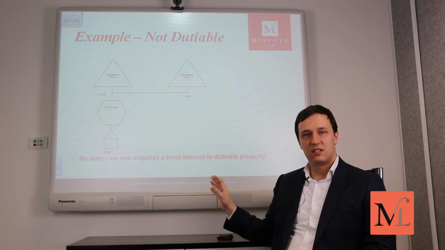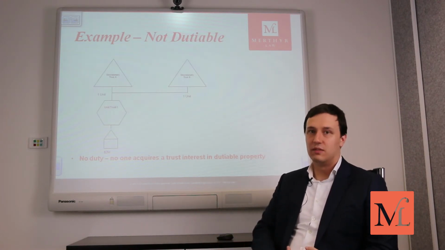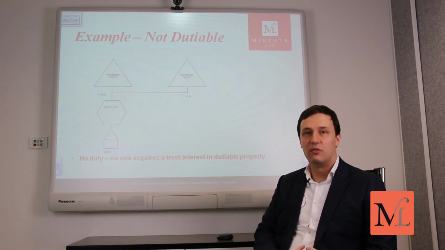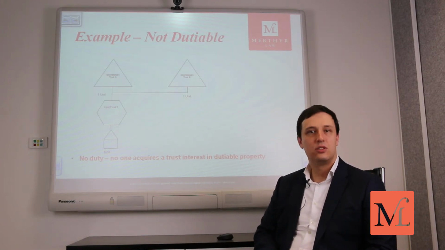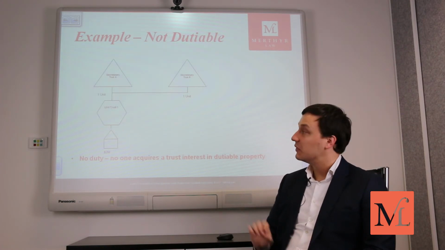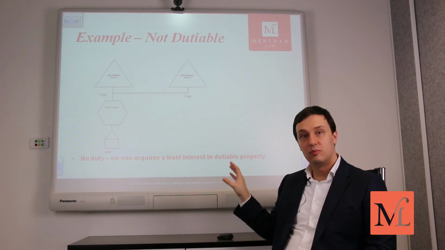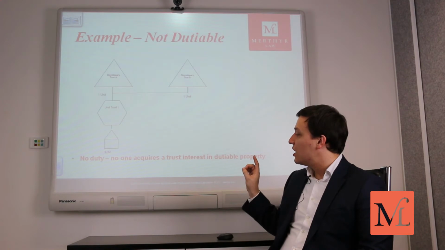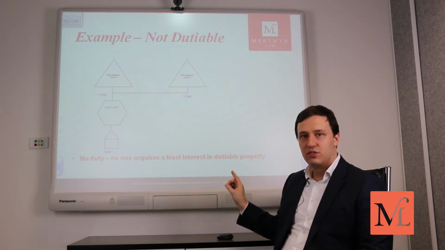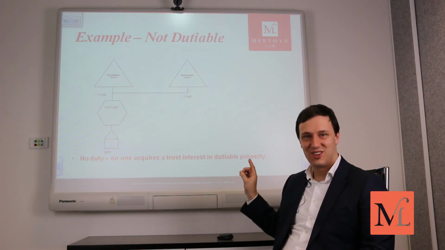How these transactions are taxed is, depending on the circumstances, either under the head of duty on the creation of a trust over dutiable property, or alternatively under the trust acquisition head of duty. Now, in this situation, because we've already established that dutiable property excludes units in unit trusts, there is no creation of a trust over dutiable property, meaning that there's no stamp duty consequence on that head of duty.